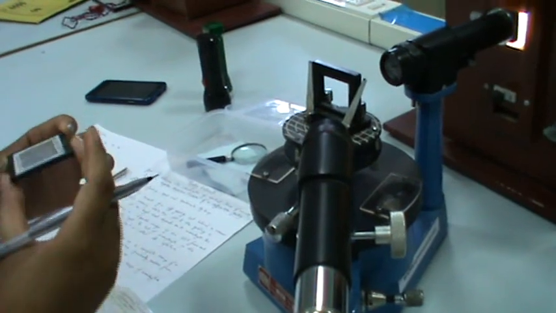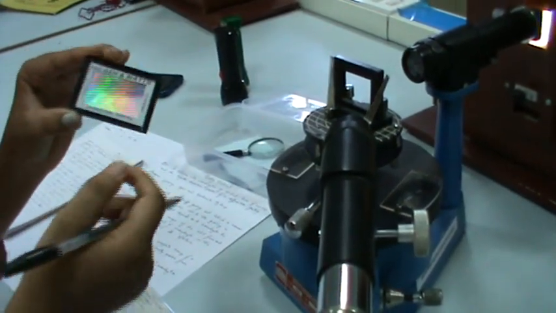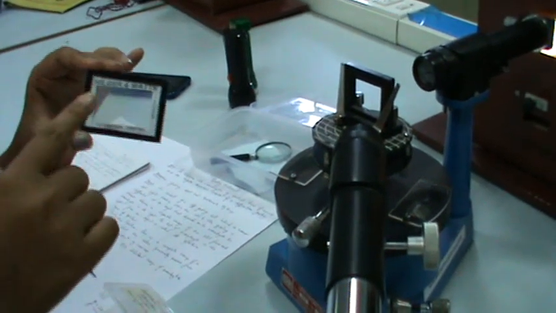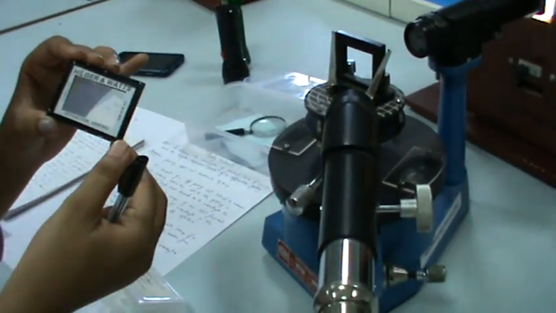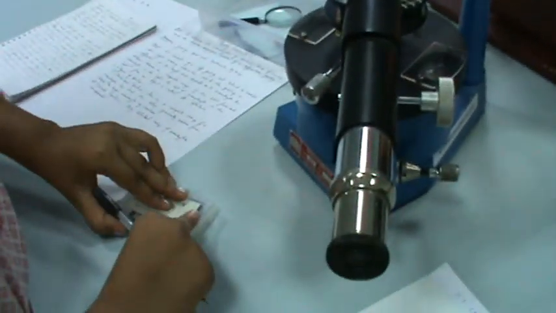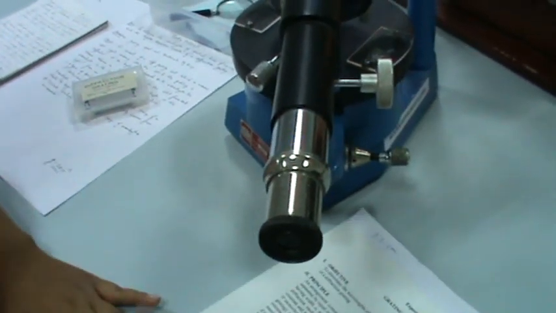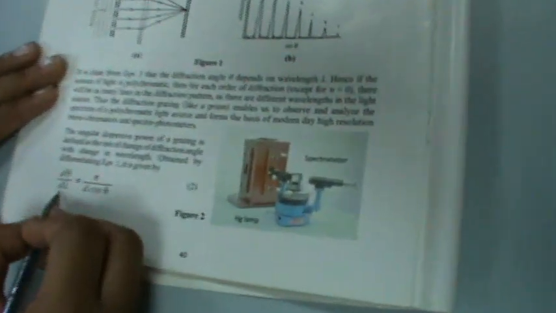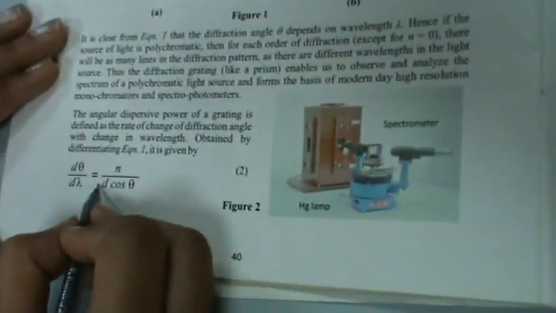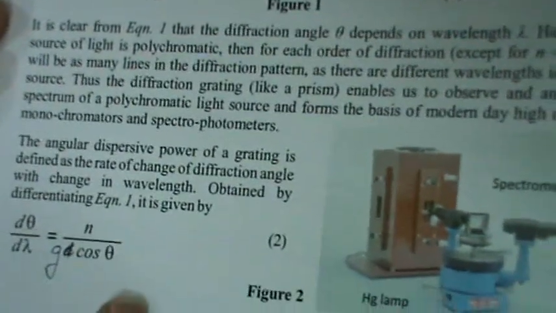And one has to take care: this grating should be held from the edges only. You need not put your finger at the center. The other quantity which you will be calculating in the experiment is the angular dispersive power, which is given by the formula d theta by d lambda equals n by G cos theta.